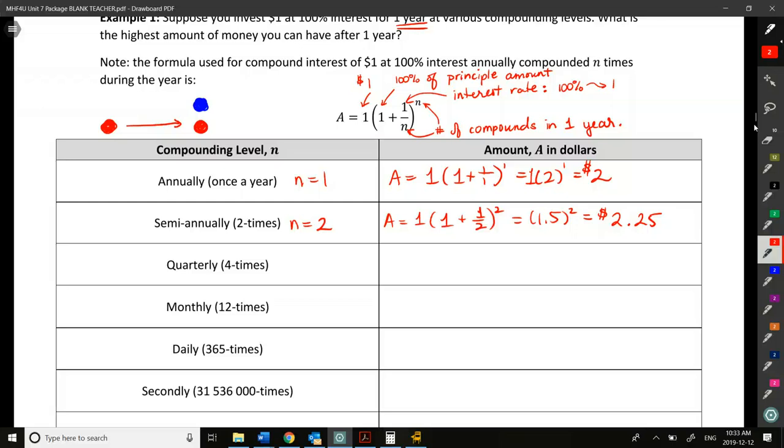The amount is going to go up if I compound more frequently, but eventually it's going to reach some kind of value that I can't get any higher than. Even if I compound a bunch of times over the course of that year, I'm never going to get $10,000 if I just invest a single dollar. Agreed? Okay, so eventually you're going to notice that these values converge toward a particular value. So let's keep going here.